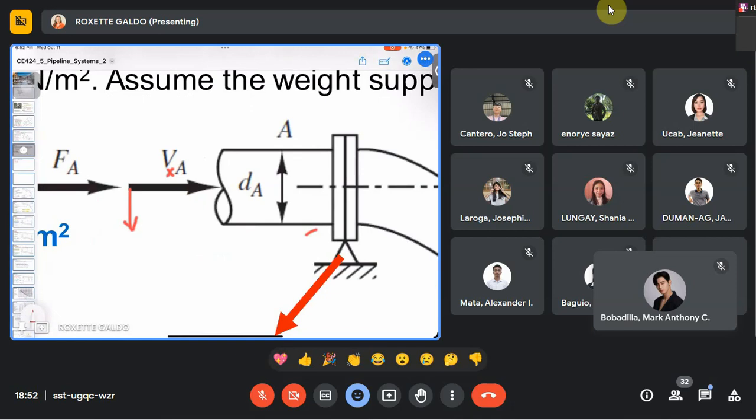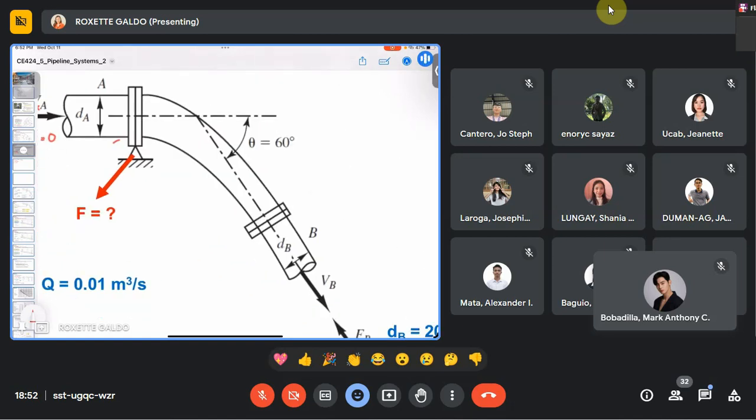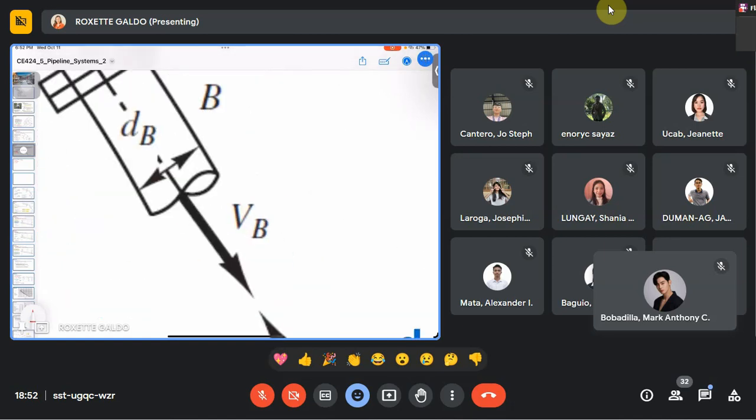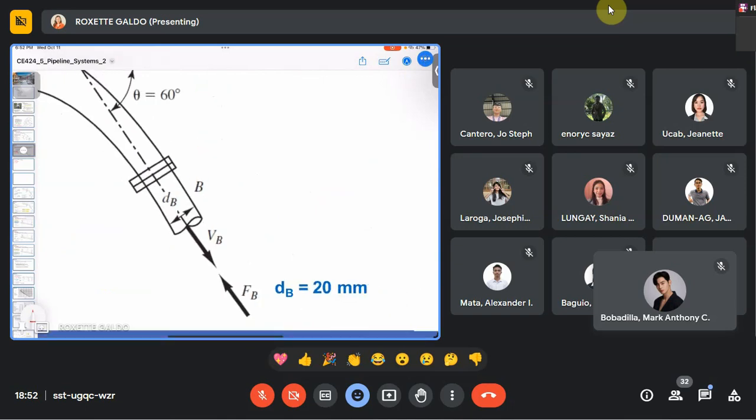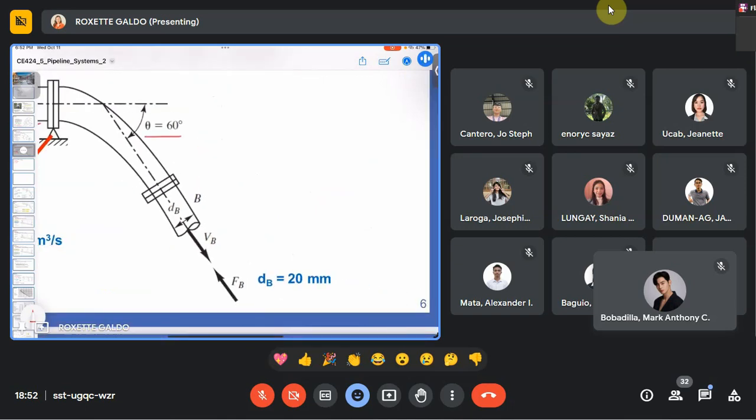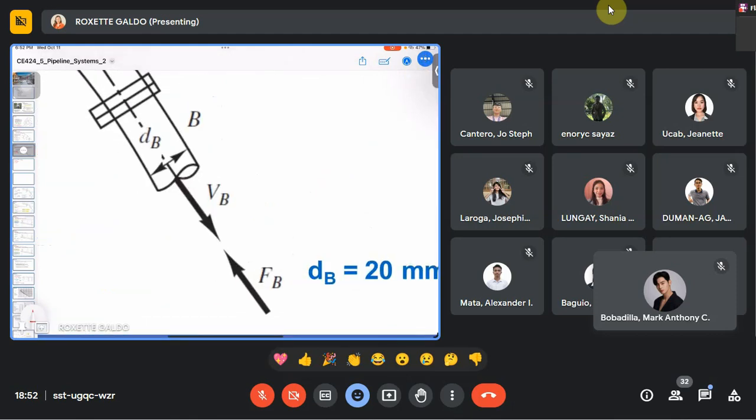Therefore, VYA is equal to 0. But that is not the case with velocity B. Velocity B is inclined 60 degrees from the horizontal. So therefore, velocity B will now be broken down into its components.